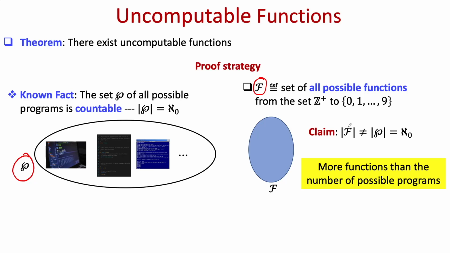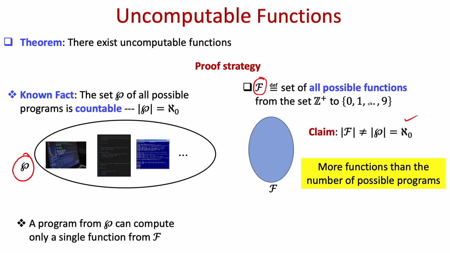That means we have more functions than the number of possible programs, because the number of possible programs is Aleph null, but we will show that you have more functions from the set of positive integers to the integers 0 to 9.